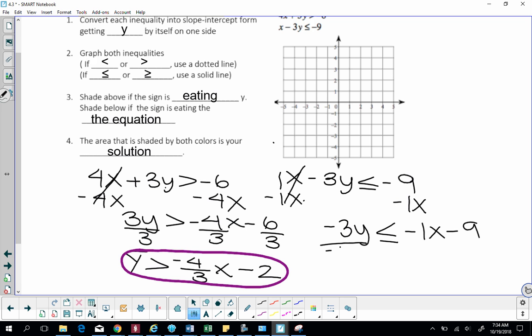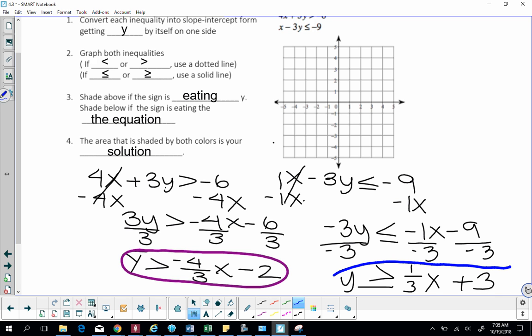We divide by negative 3, and because we're dividing by a negative coefficient, what happens to the inequality sign? It flips the other direction. So you end up getting y over here. And what's a negative divided by negative? Positive. And over here, positive 3. Now I'm going to have that be blue. Who got that one or was on their way to getting it?